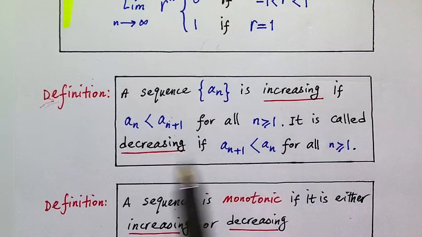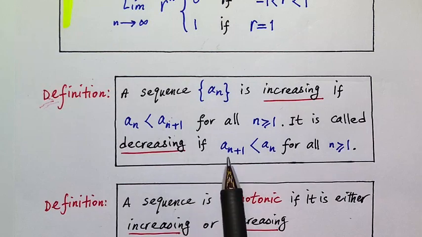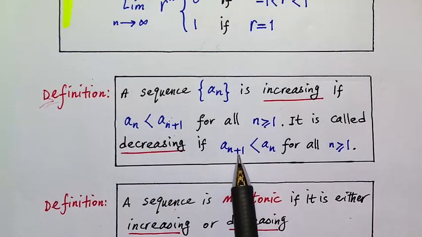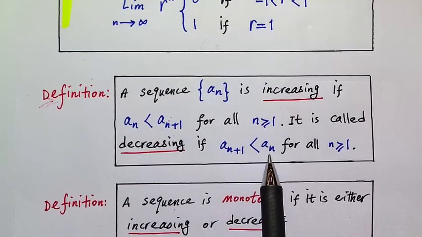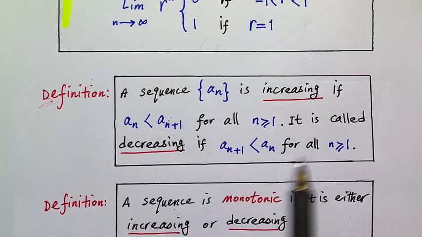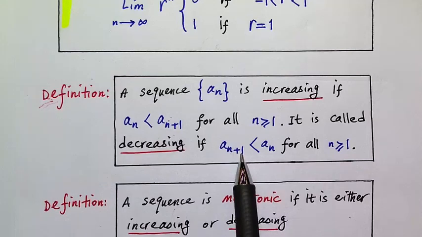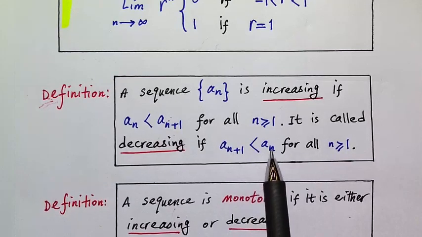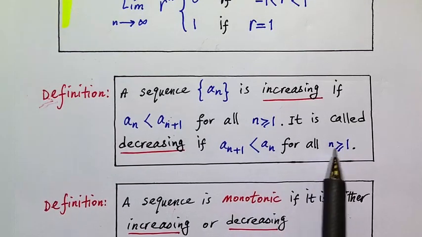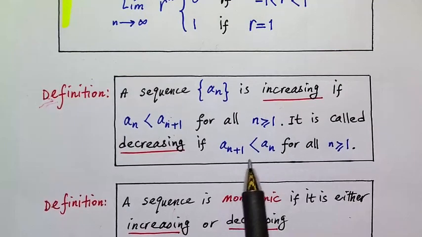And it is called decreasing if the next term, a sub n plus 1, is less than a sub n. If the next term, identified by the subscript n plus 1, is less than the previous term for all numbers in the sequence, n greater than or equal to 1, then you have a decreasing sequence.